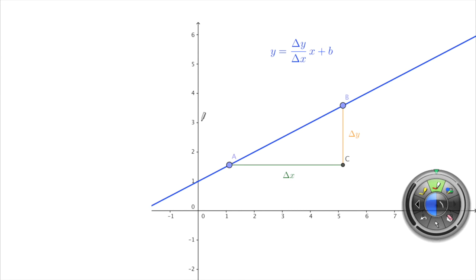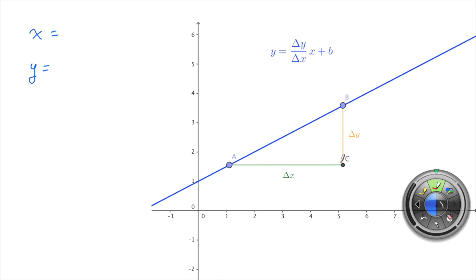But with parametric equations, what we're trying to do is come up with the coordinates as a separate function of t. The way I kind of think about it is, if this distance is covered horizontally when t is equal to 0 to 1, then the length of this line is going to be the change in x times t.